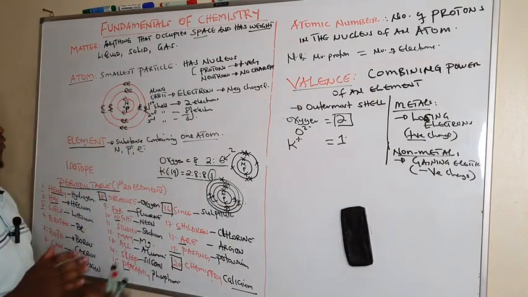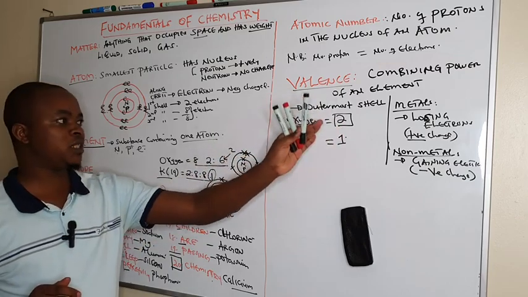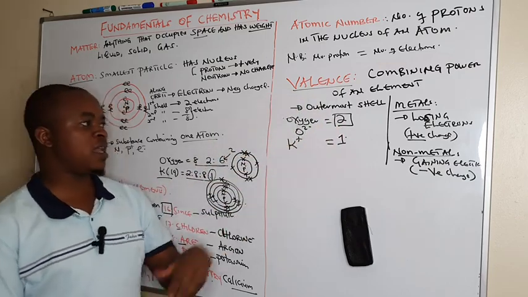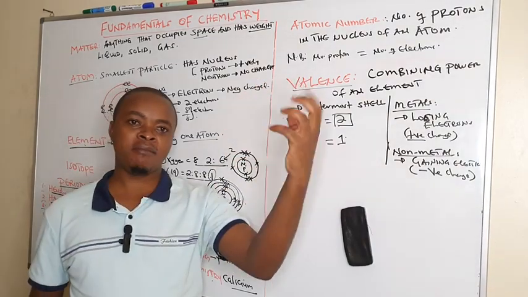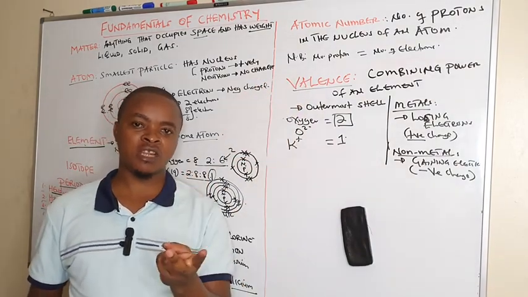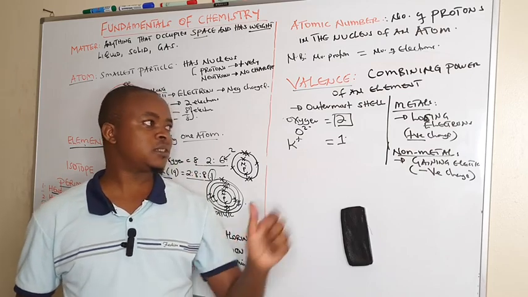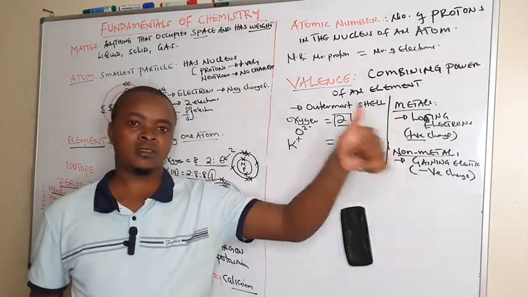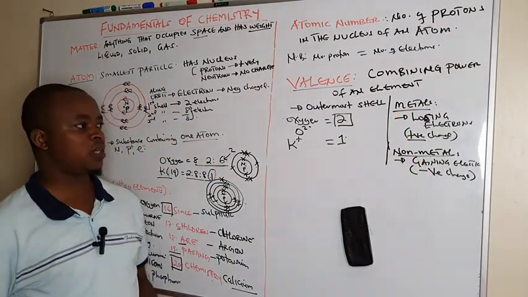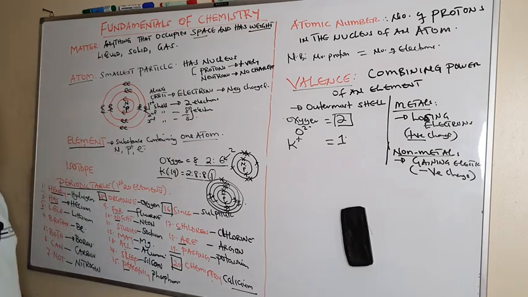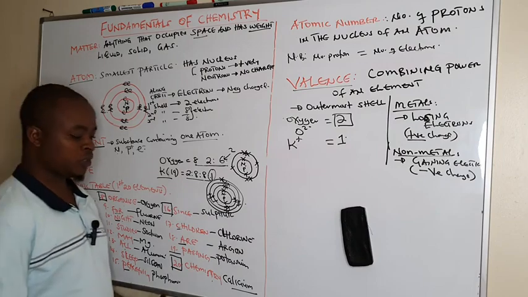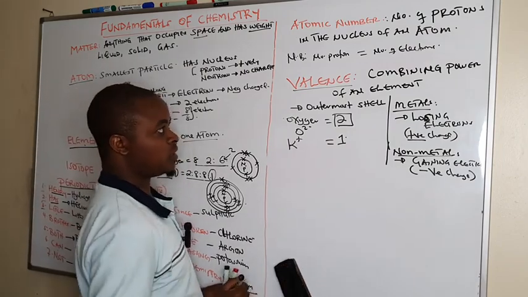So I've told you valence is the combining power, which is determined by how many electrons a non-metal gains to form a stable electronic configuration, or how many electrons a metal loses to attain a stable electronic configuration. That is what we can discuss about valence, which is the combining power of an element.